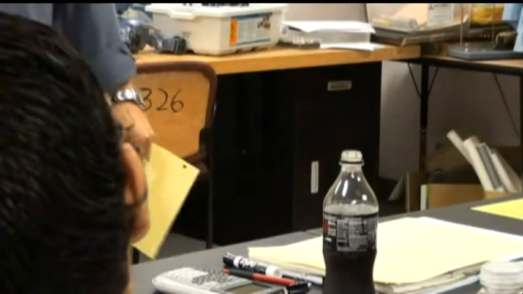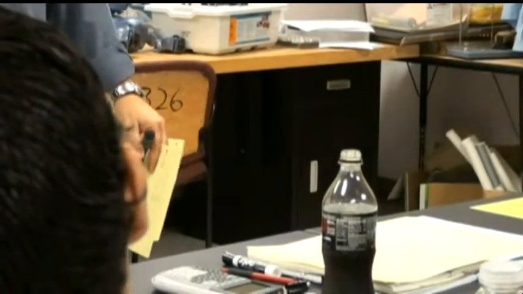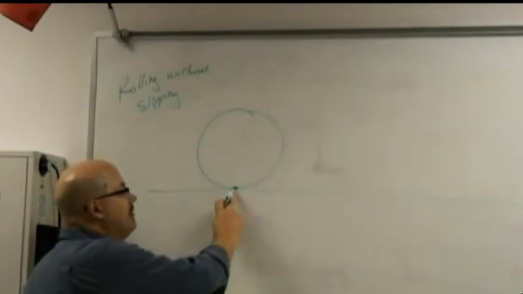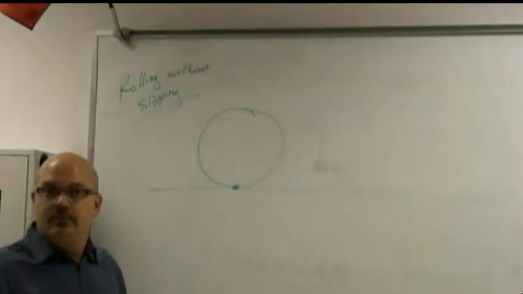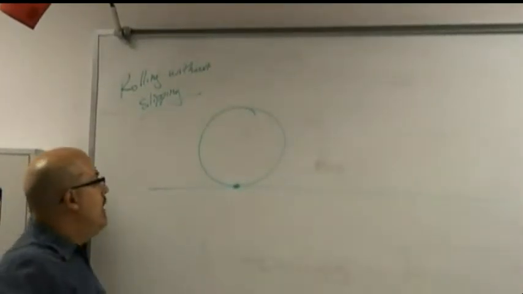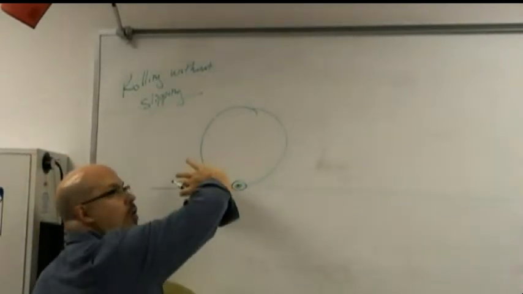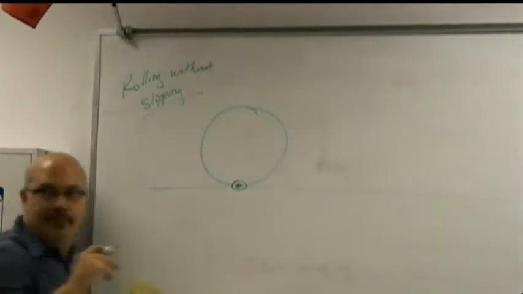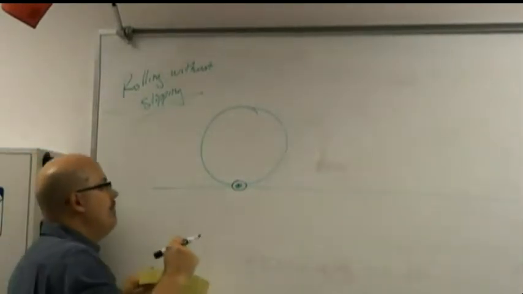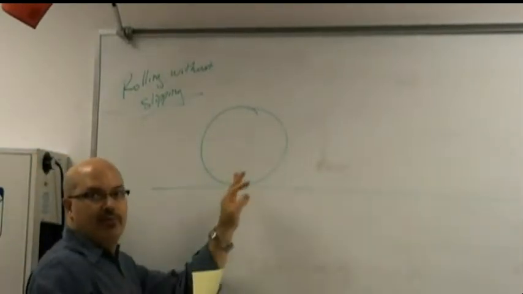That has a couple of major implications. Number one is you could consider this a pivot point if you wish. It is technically the pivot point about which the whole wheel is rotating. So we could attack problems with that.